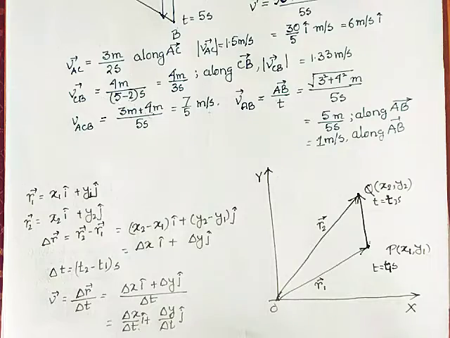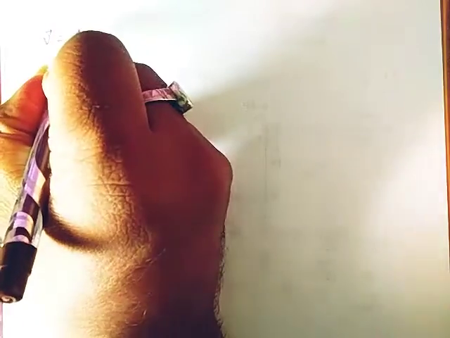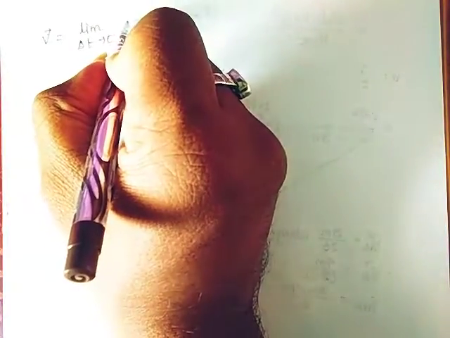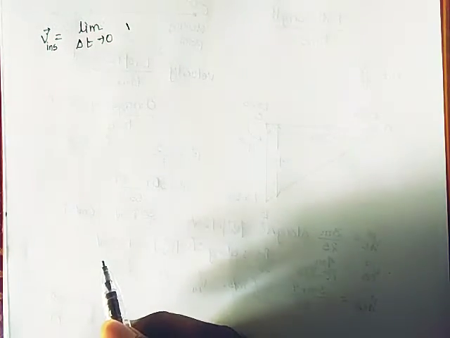So if I do this, then v vector equals the limit of del t tends to 0 of v. Now we can say that is the velocity of the particle at an instant, so it is the instantaneous velocity.